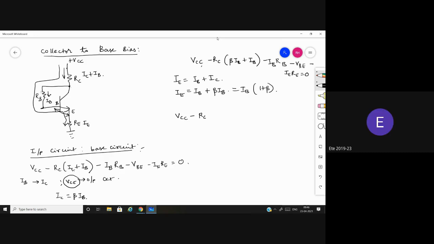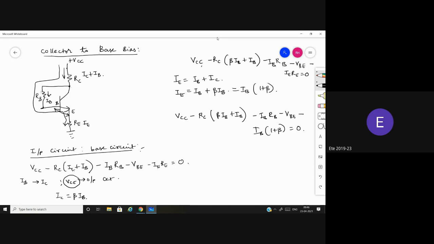Now we are going to substitute the IE value. So now this becomes beta IB plus IB minus IB RB minus VBE minus IB into (1 plus beta) RE is equal to 0.